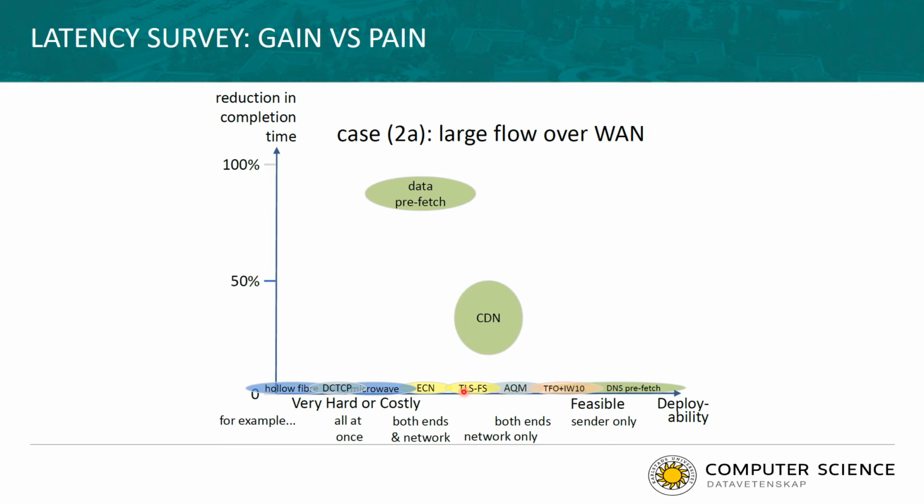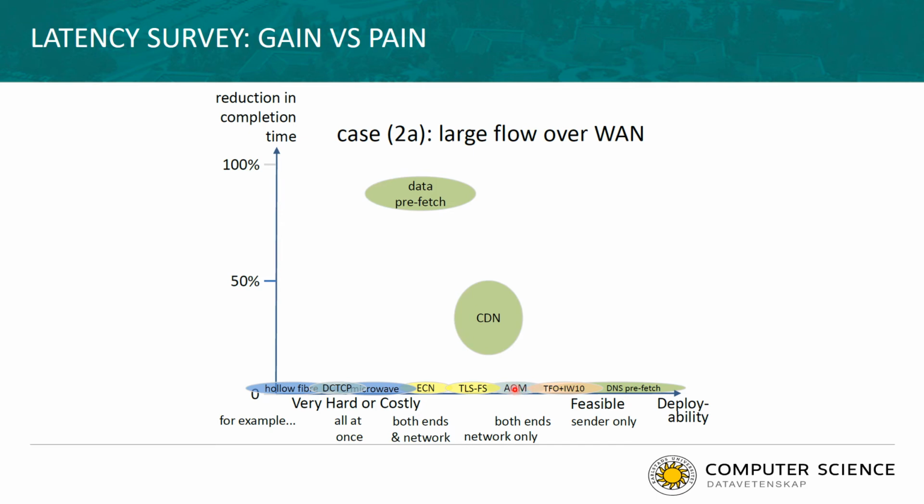This is because the initialization of the flow as well as the round trip time of a flow now has very little impact. When you need to transfer a large flow over the network, the dominating factor in performance is the data rate. So most of the optimizations that we looked at here, which try to speed up the initialization or reduce the round trip time, have very little effect.